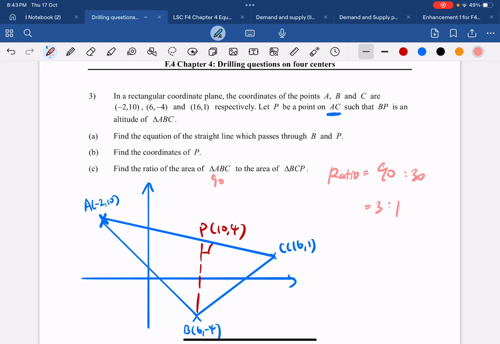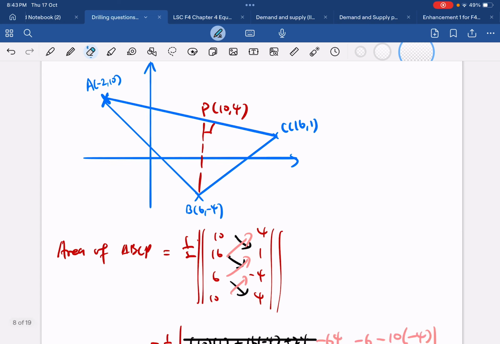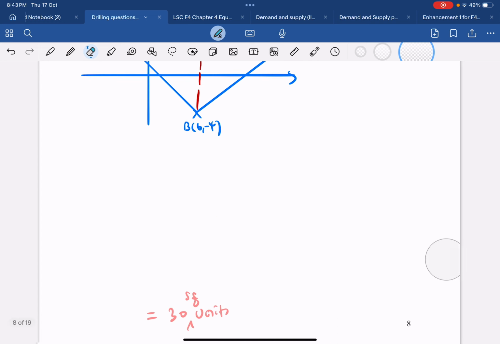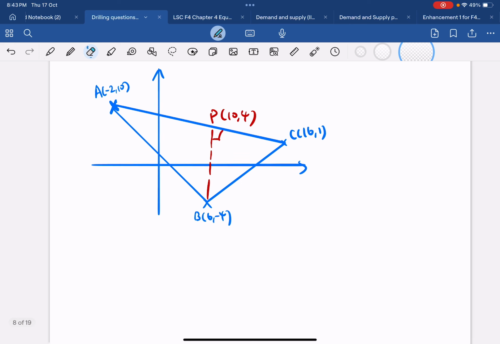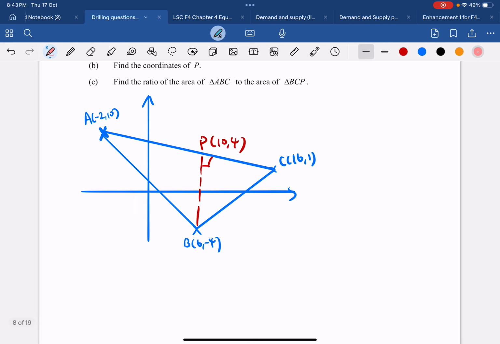Okay, so that's the LC method. But for the EC method, how to do it? I already stressed that you need to know both the EC method and the LC method. So you know that actually ABC and BCP, this triangle and this triangle, have a common height, right?